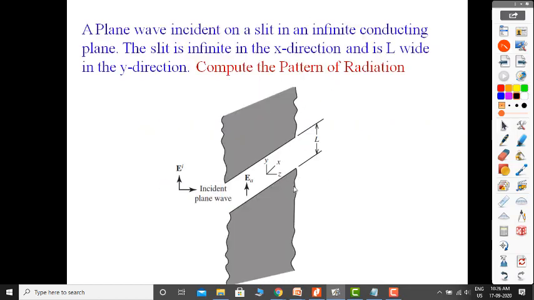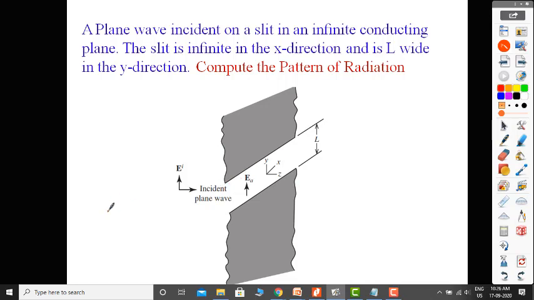Now the electric field is traveling in the positive z-axis. This electric field comes from the left-hand side of the plate and fills the electric field over the slit. Afterwards, it passes the slit and travels along the positive z-axis.